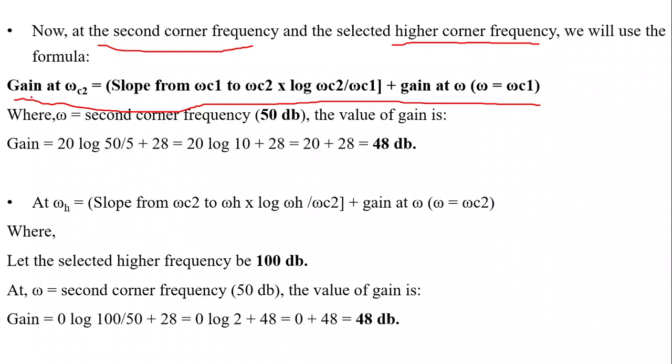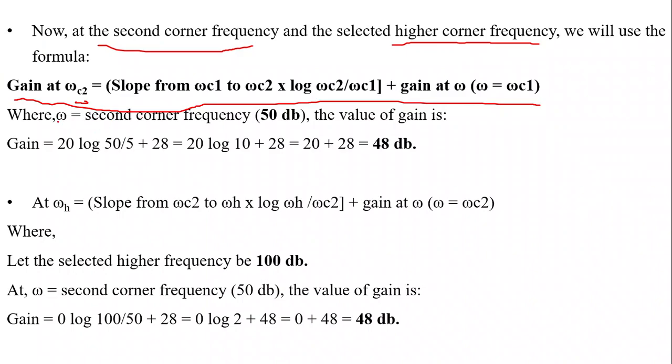That is, the gain at omega C2, the second corner frequency, is equal to the slope from omega C1 to omega C2, where omega C1 is the first corner frequency and omega C2 is the second corner frequency, multiplied by log of omega C2 divided by omega C1, plus the gain at omega C1.